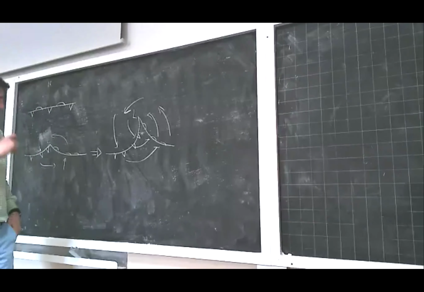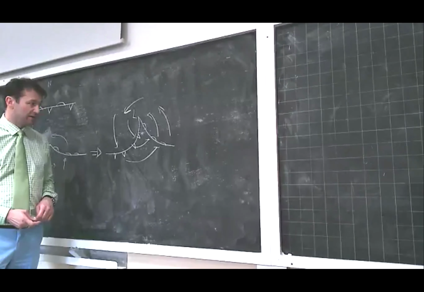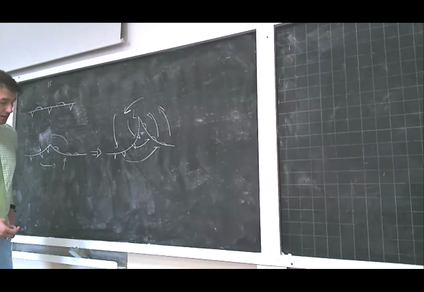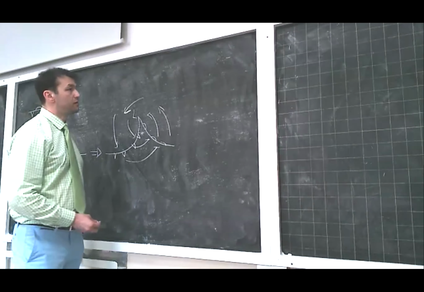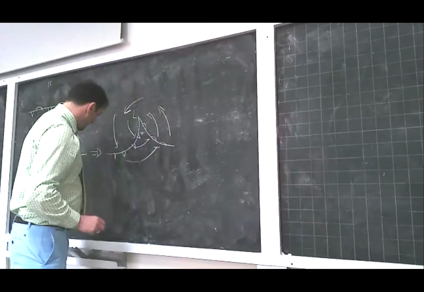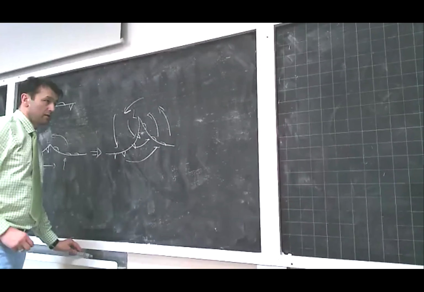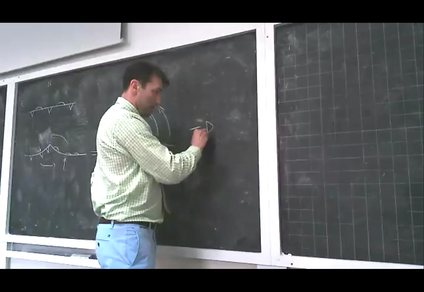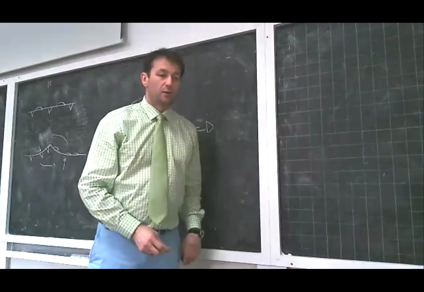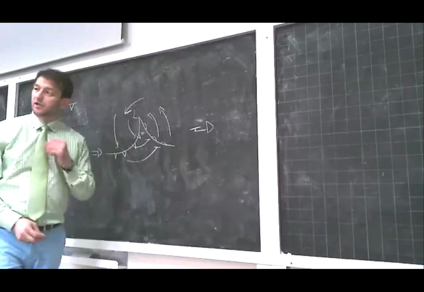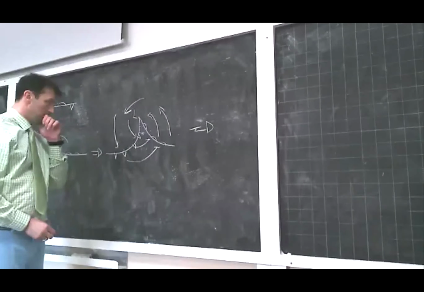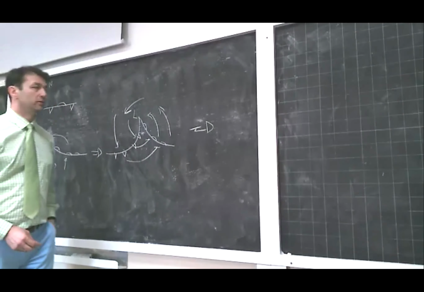Now, as this system is growing with time, we end up in the next stage of cyclone development, and that's called occluded.